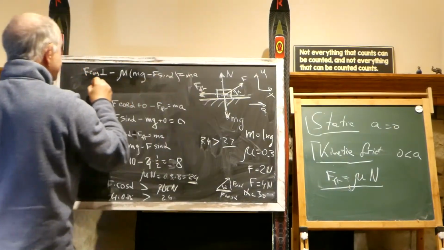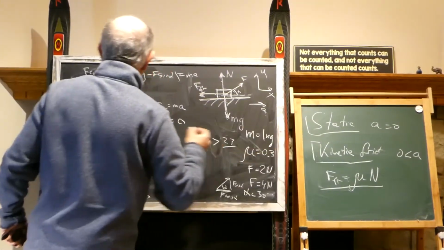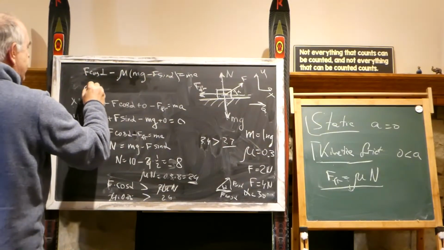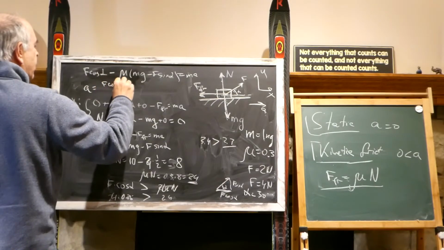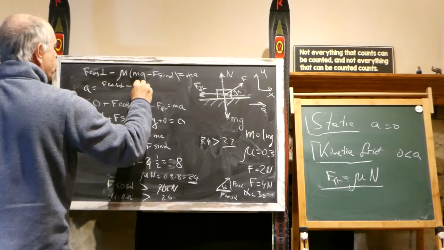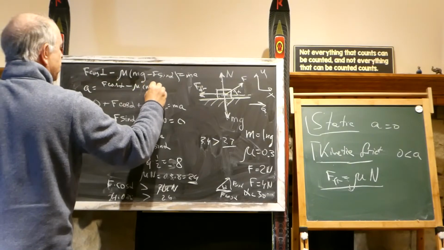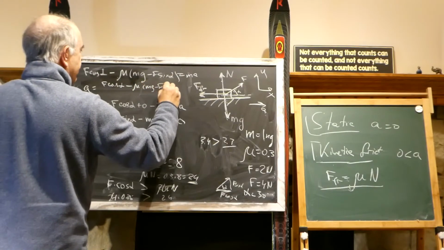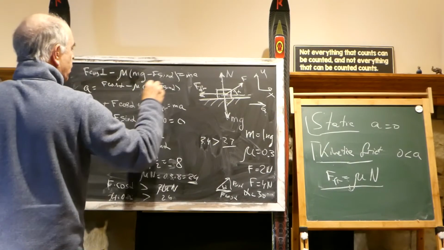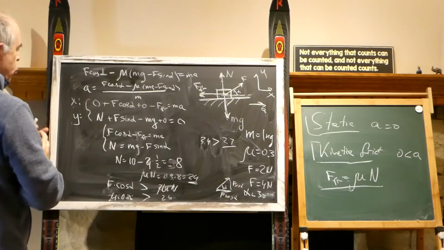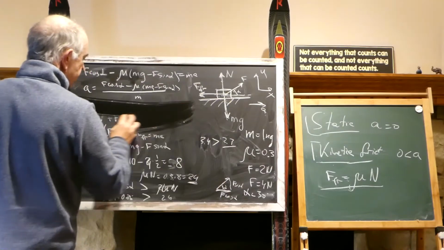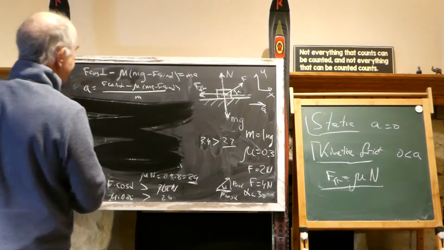And so I know that this is the kinetic case, and I can find a from here. I say that it is F cosine minus mu times mg minus F sine alpha, divided over m. And I will do this math now for you, but before doing this math, what does it mean?